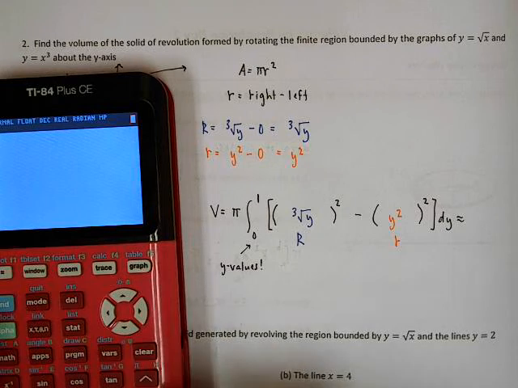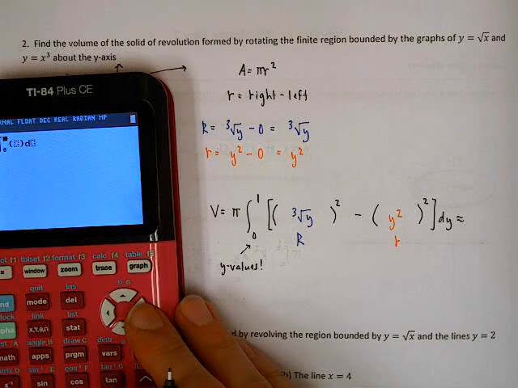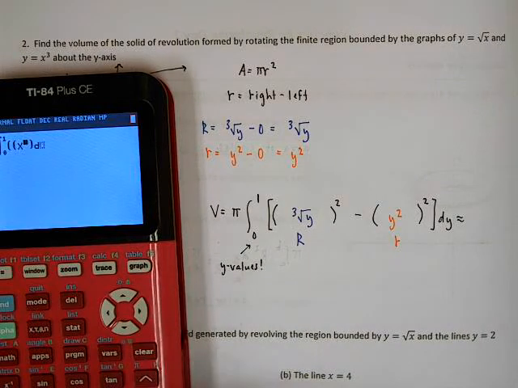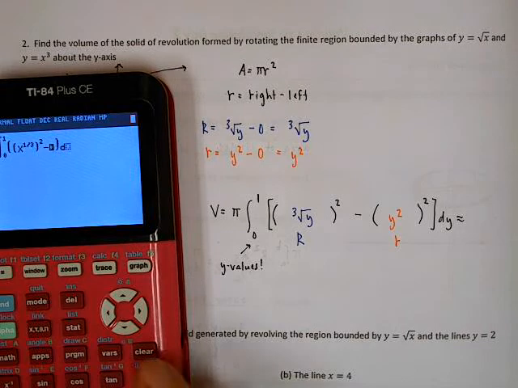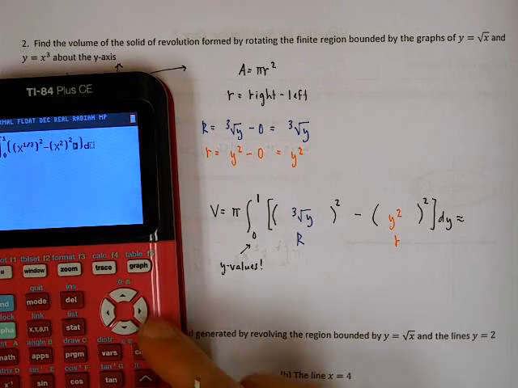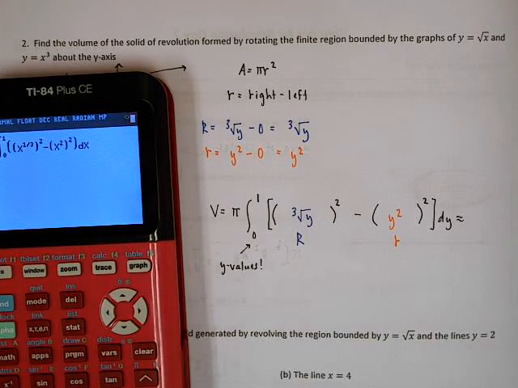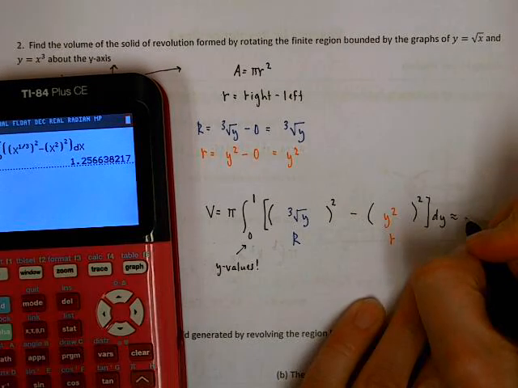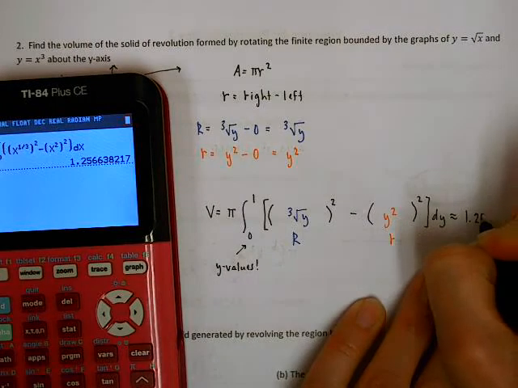Math 9 from 0 to 1, I've got x to the 1/3 squared minus x squared squared, and then dx. And I get approximately 1.257.